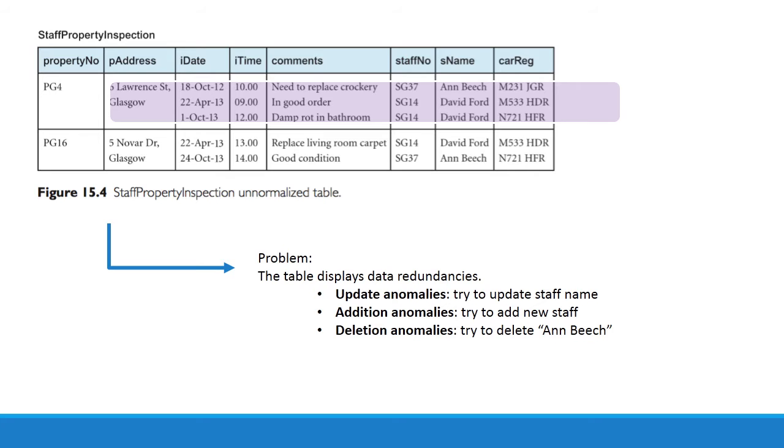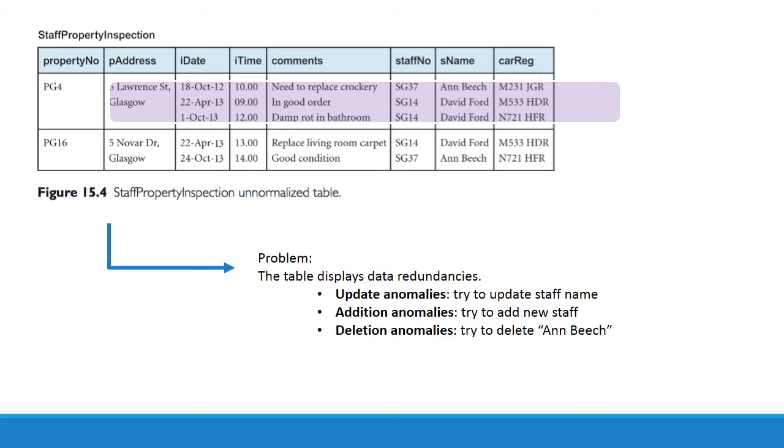And then the third problem is deletion anomalies. This happens when we try to delete one staff member from the table. For example, if we want to delete Anne Beech, then all the records will be gone, including the property number record. Okay, how do we solve this problem?